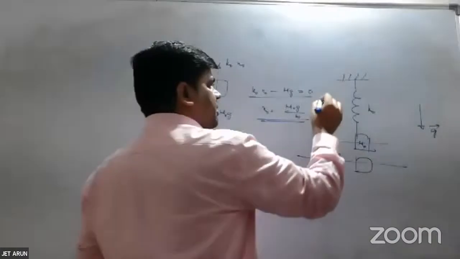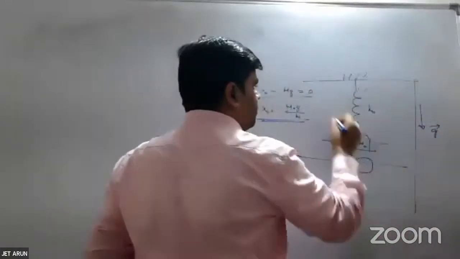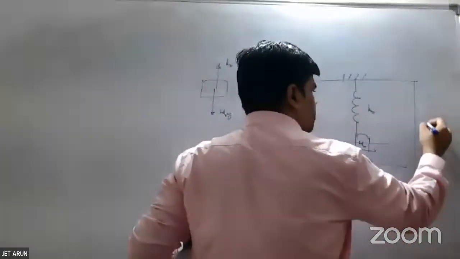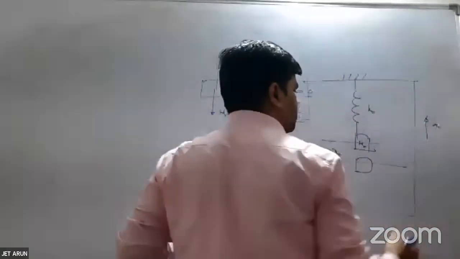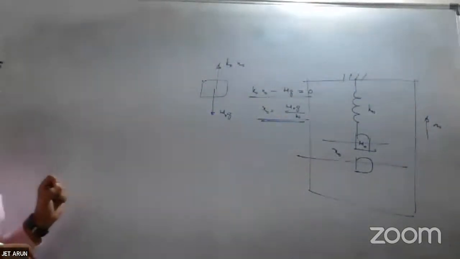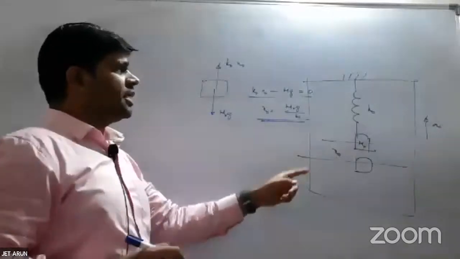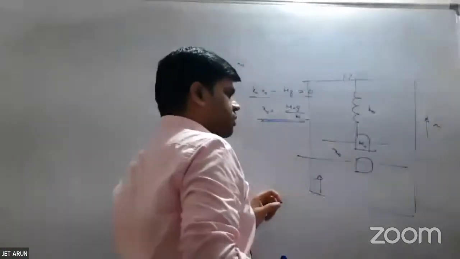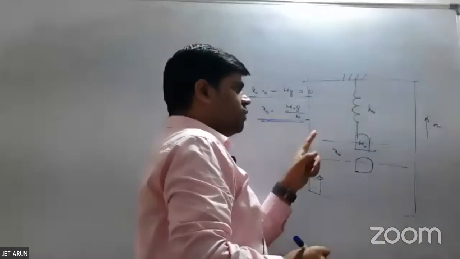Now let us say the same thing is in a lift, which is going upward with an acceleration a. Now, what is the equilibrium extension in the spring is what I have to find out. With respect to ground, the particle is accelerating upwards, but with respect to the lift, it's in equilibrium because there is a pseudo force field now.